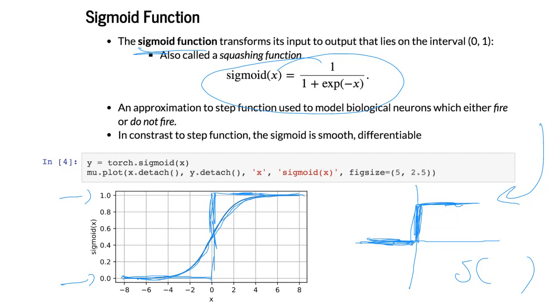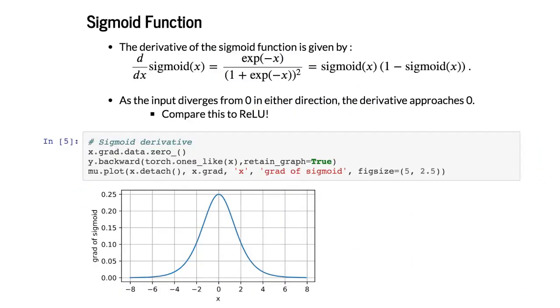there is a problem with the sigmoid. Sigmoid doesn't work well. Okay, and that was one of the reasons that people were not able to train neural networks in the past. Now the reason is that this is the derivative of the sigmoid. Okay, so what's the problem with that?